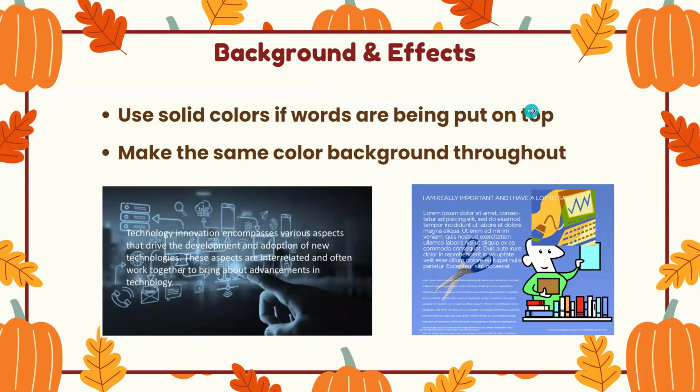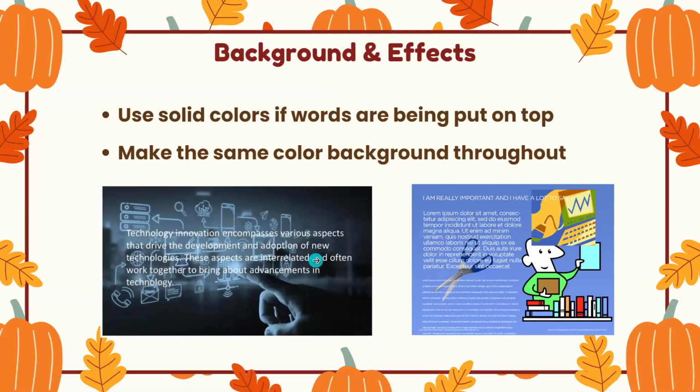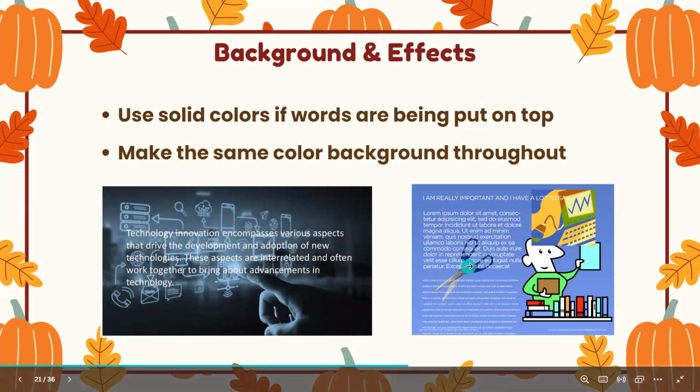Next is background and effects. Some advice for this is to use solid colors if words are being put on top. So for example, these, right? We have these images, so the text blends in and it's hard to see. Same thing with having the scissors on top. It's like, what is going on?